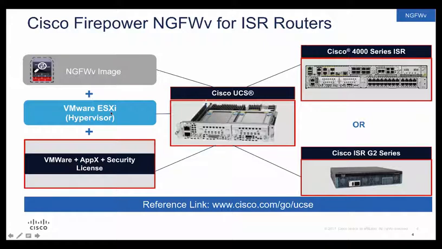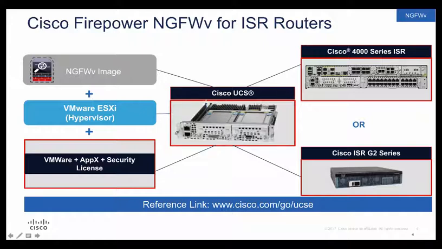And on the license side, you need to have a VMware ESXi license and also the Application Exchange (APPX) license on the router, and optionally the security license to enable advanced threat protection features on the next generation firewall like next generation IPS, URL filtering, and advanced malware protection.